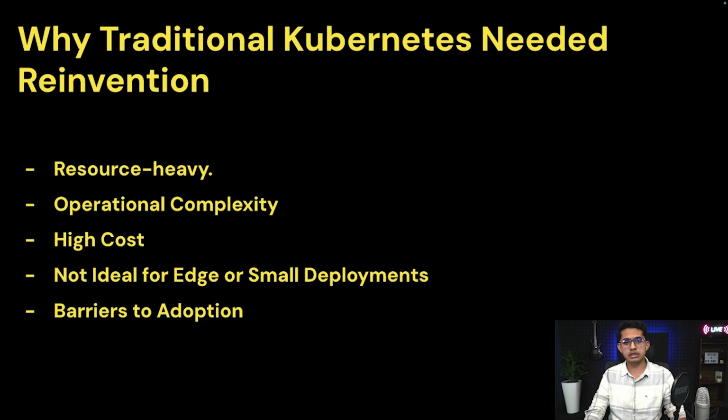So to begin with, I would agree that Kubernetes, the traditional K8s, is really powerful. But the traditional K8s does require a lot of reinvention. And why does it require so? The first point being it's resource heavy.